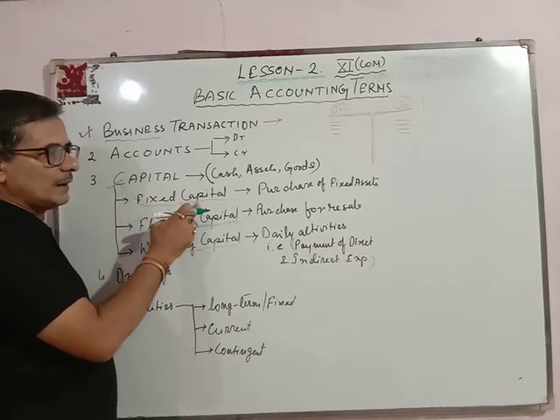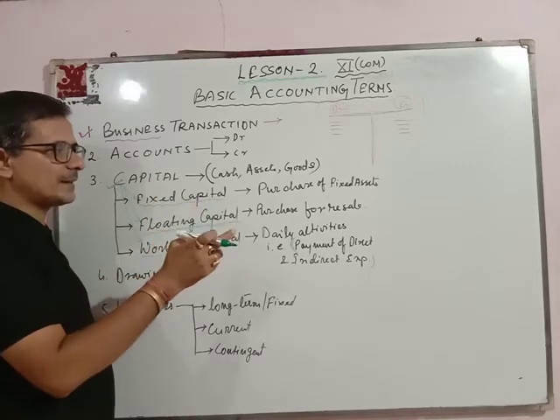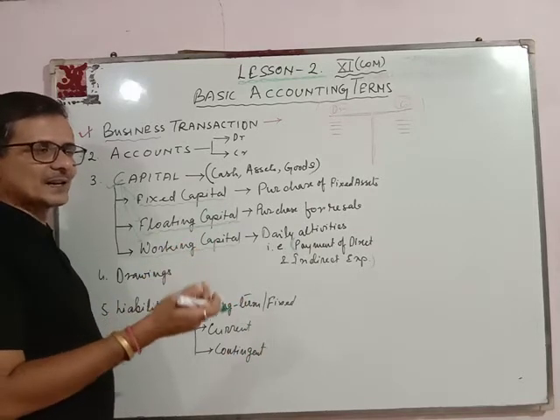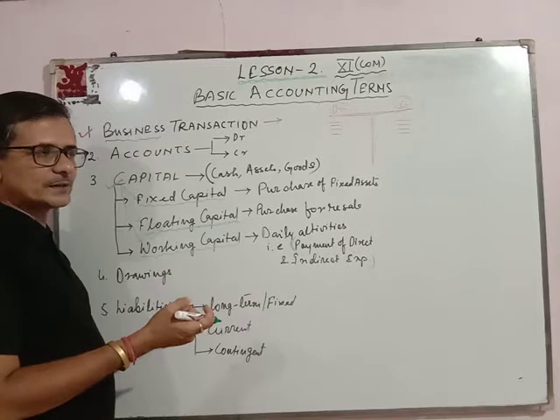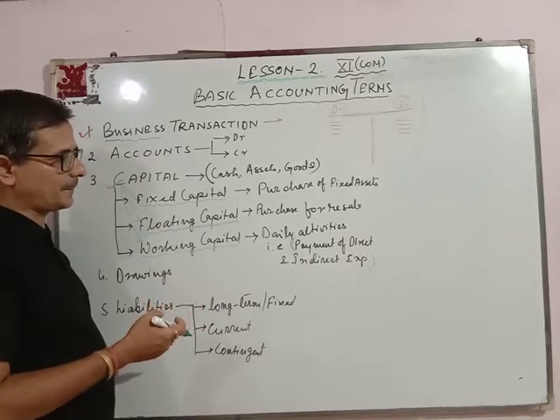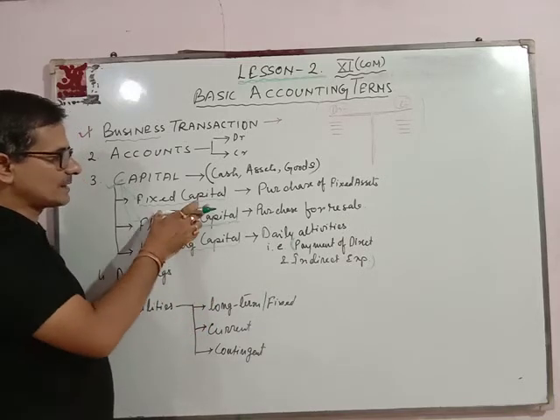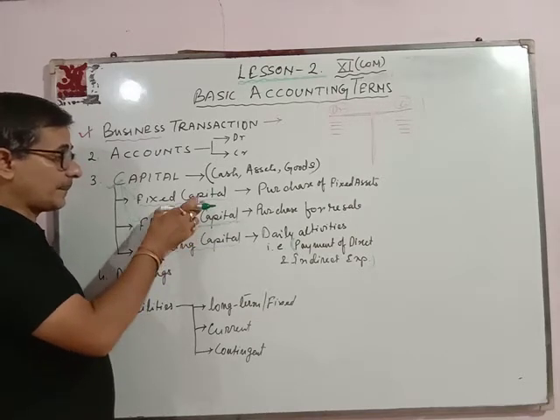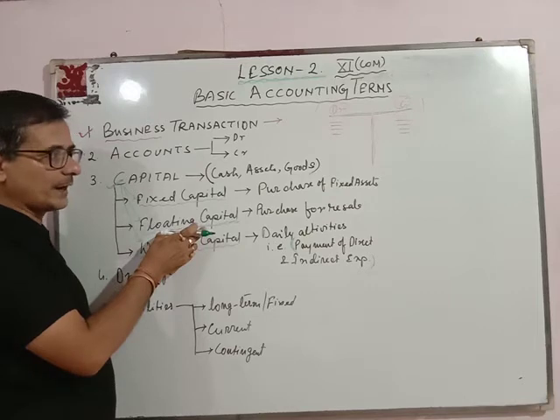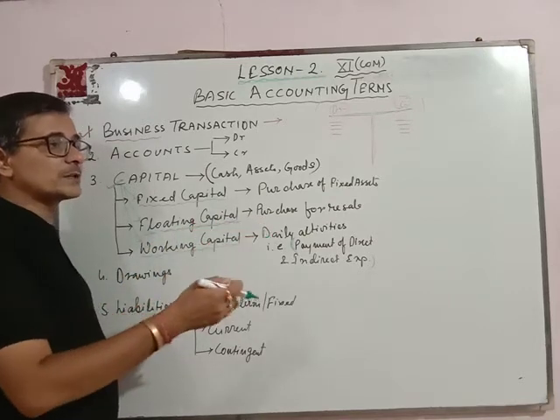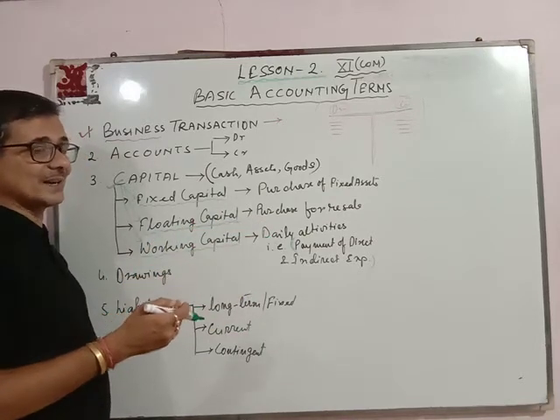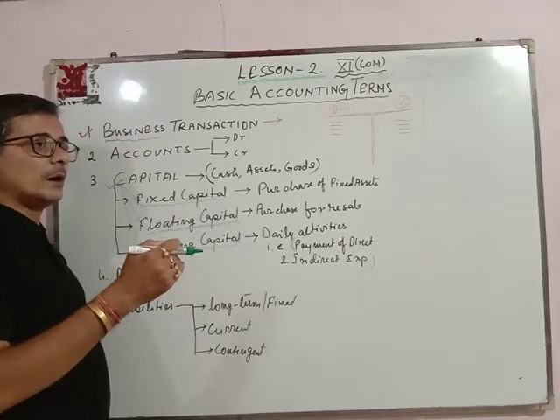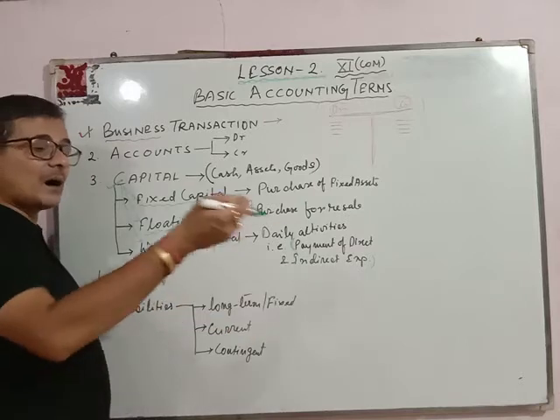Fixed capital is the money which he spends to acquire the fixed assets like furniture, electrical appliances, cash counters and other presentation counters. All these things are included in the fixed capital. Next is floating capital. Floating capital means the goods which he purchased, those are also assets, but he purchased them with a point of view to resell it and earn profit.